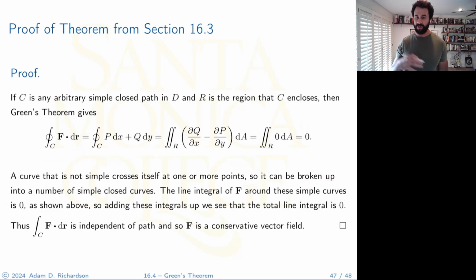So if we add up all those results, that means the total line integral is going to be 0. Thus, this line integral is independent of path, right? Because remember, path independence was equivalent to the line integral being equal to 0 for any simple closed path. So because this is independent, f must be a conservative vector field.